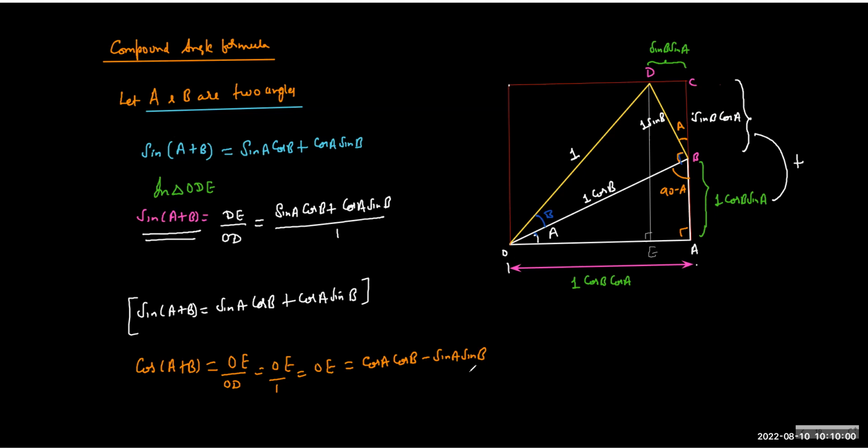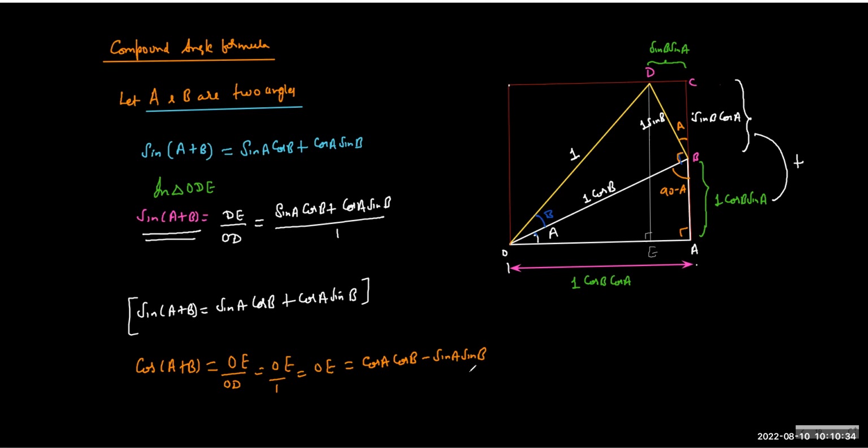Cos 0 is 1, but cos 90 is 0, right? Which means bigger angles give you lesser values. Cos 0 is maximum. Therefore, as the angle grows, it gives you lesser value. So the minus is obvious. Cos of A plus B is going to be a lesser value, and so the minus sign. You can remember it this way, just to create intuition.